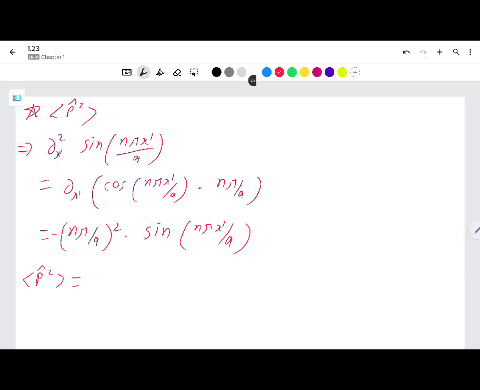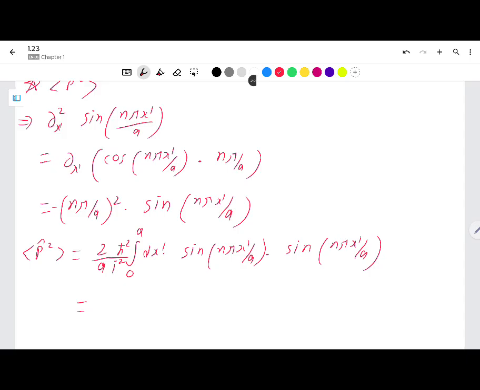Okay, so now p squared is, again we write 2 by a, integral of sine n pi x prime by a, times h bar squared on i squared, multiplied by the second derivative of sine n pi x prime upon a, which will give us minus 2 h bar squared by a.